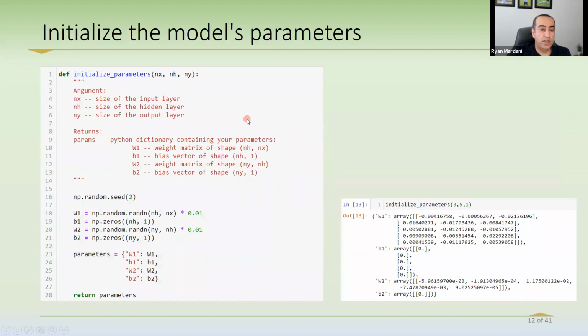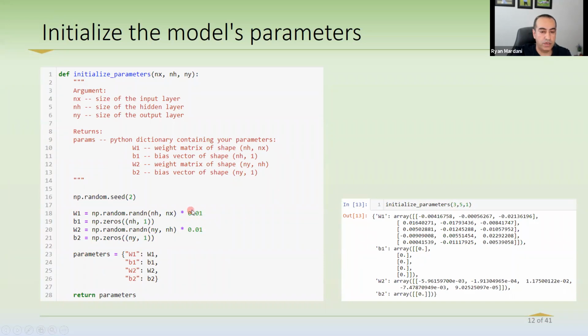Then we need to initialize model parameters. For model parameters, we are going to use random values for the weights. It is better to never use zeros for the weights, but for the biases, we can use zeros. We keep the same matrix dimensionality, and then we store all the initialized parameters in this dictionary: W1, B1, W2, B2.